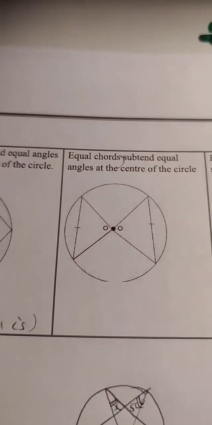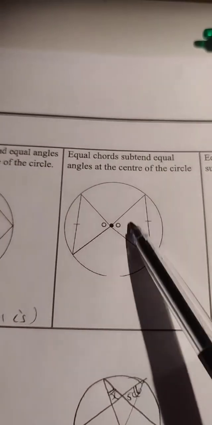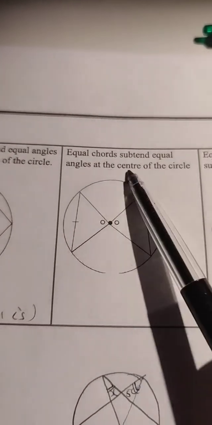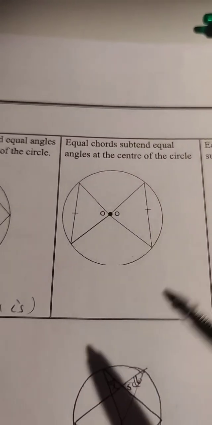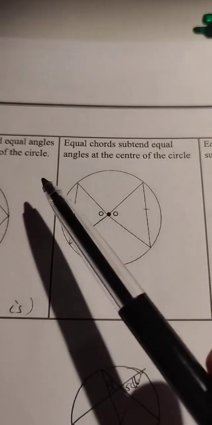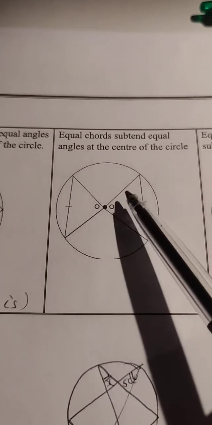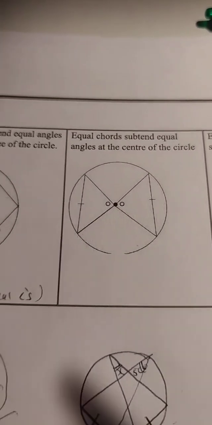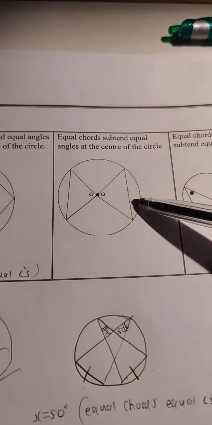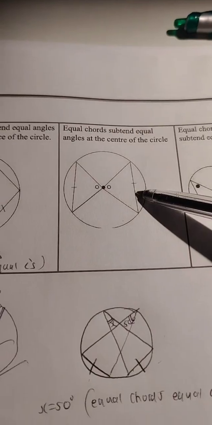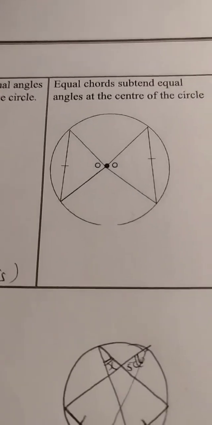Let's look at this one. There's another one. Equal chords subtend equal angles at the center. Equal chords subtend equal angles at the circumference. So it's the same thing, right? Here we wouldn't say this angle is equal to that one because of vertically opposite angles.